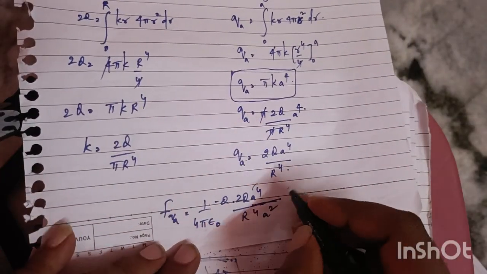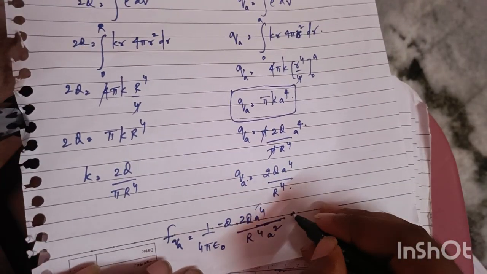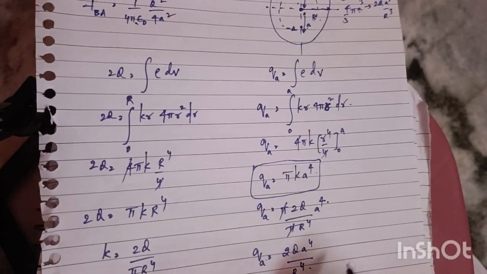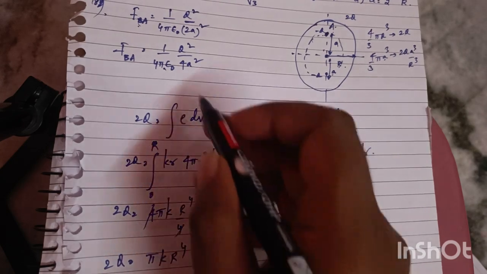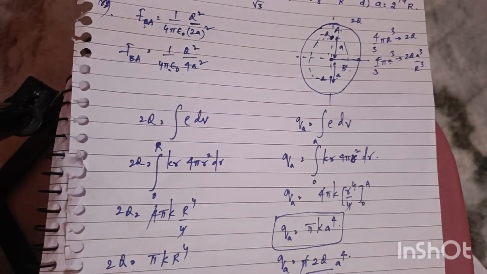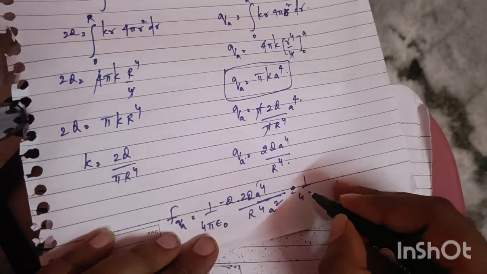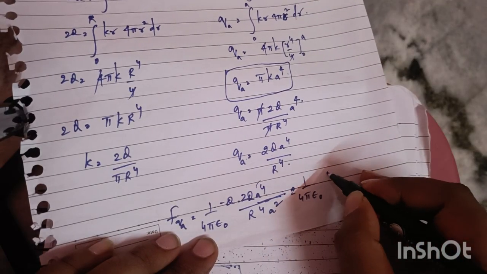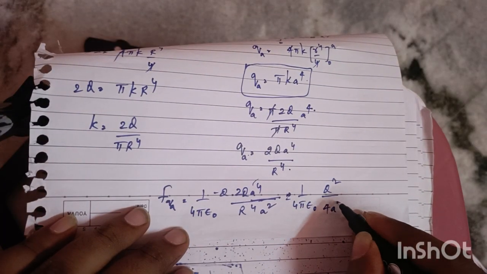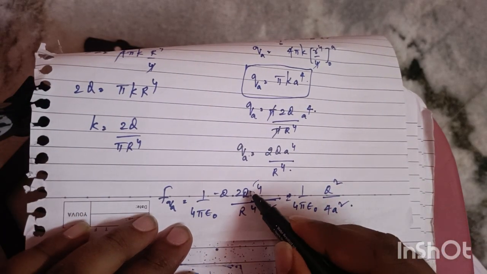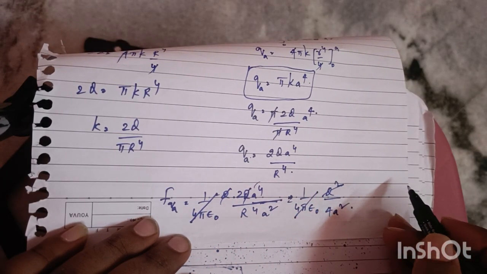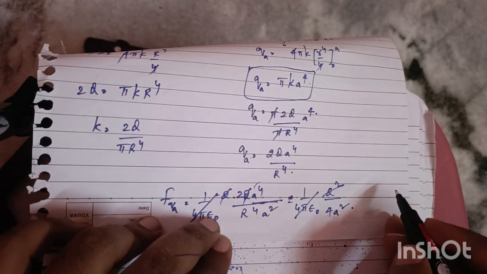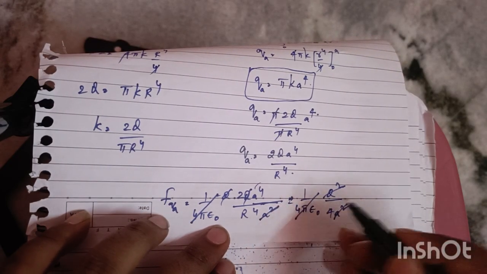So if I equate these two, you can write this plus this equal to 0, because the minus sign is there, and you'll get the same thing. So I'm directly equating: 1 by 4 pi epsilon naught q square by 4a square, with 1 by 4 pi epsilon naught cancelling.